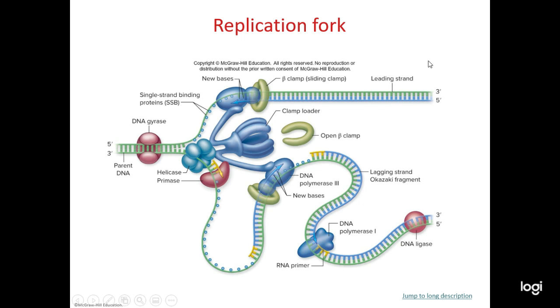The leading strand is made continuously. The lagging strand, which is what we call this one, is made discontinuously in chunks. And you see those chunks, primer, then DNA nucleotides, then primer and DNA nucleotides. That's the lagging strand. We call those chunks, those fragments, Okazaki fragments. Okay? You want to know that too.